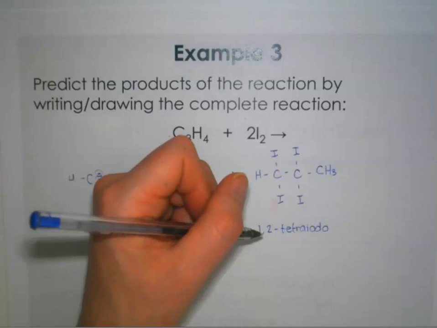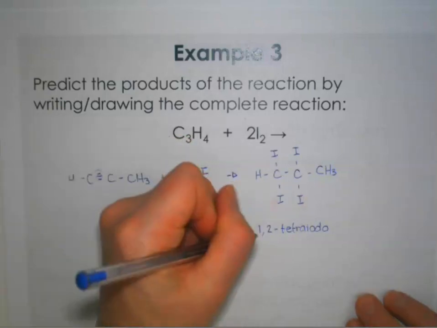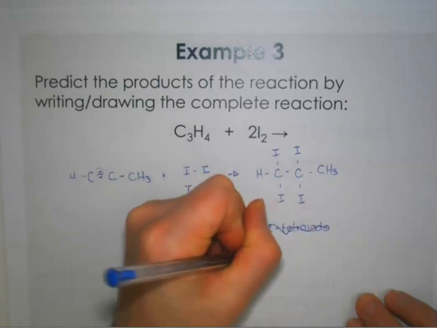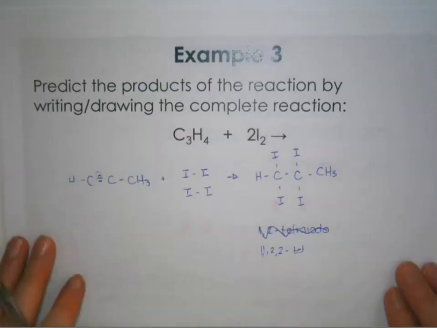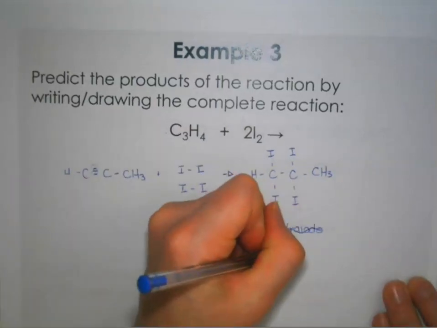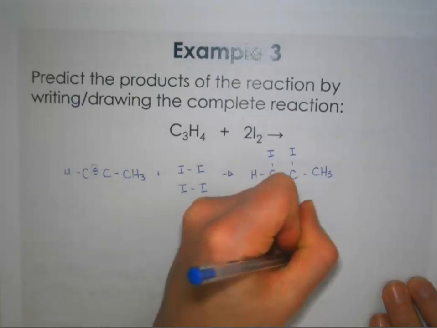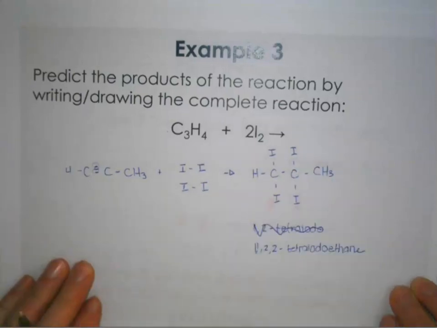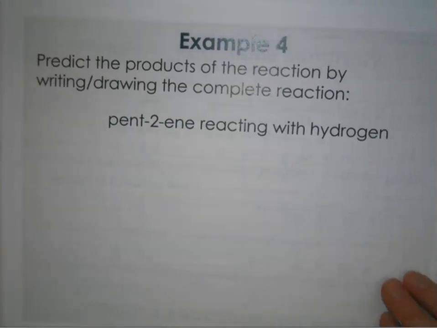And I don't know where my whiteout is. Anyways, it'd be 1, 1, 2, 2 tetraiodo ethane. I guess I should just write that. Tetraiodo ethane. Okay, so totally different product from what we saw in the previous reaction there.